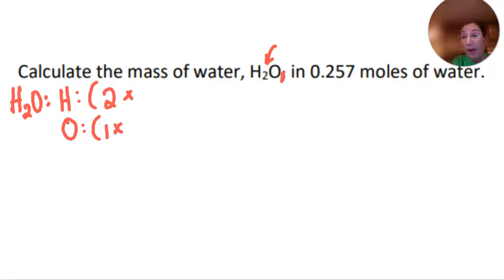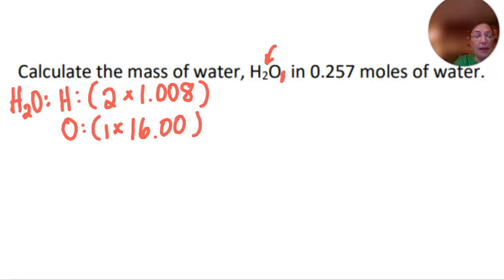We're going to go to our periodic table and find that hydrogen has a mass of 1.008 at the bottom of the hydrogen box, and then at the bottom of the oxygen box we find 16. Then we add these up: 2 times 1.008 and 1 times 16.